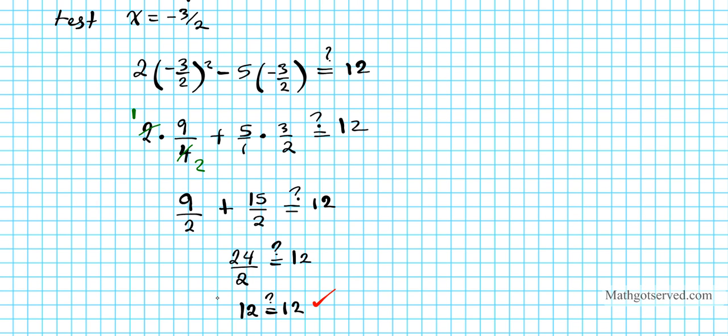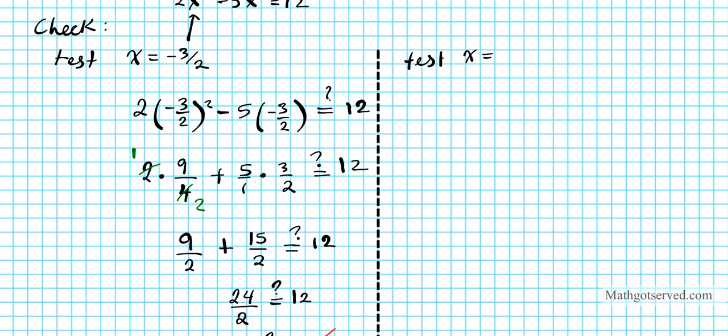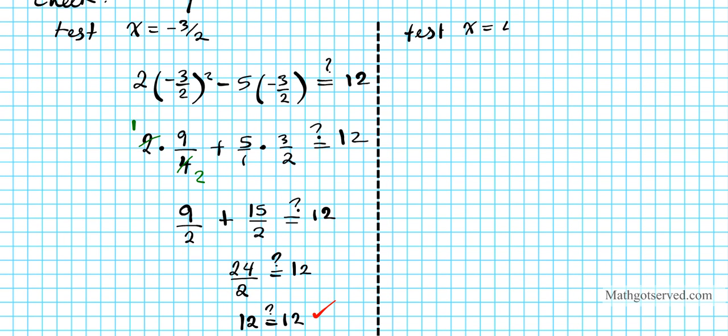All right. Now let's advance to check the second zero, or second root or solution. In the second root, we're going to test x equals. What is the second answer? 4. We're going to test x equals 4. So the question is 2 times 4 squared minus 5 times 4.